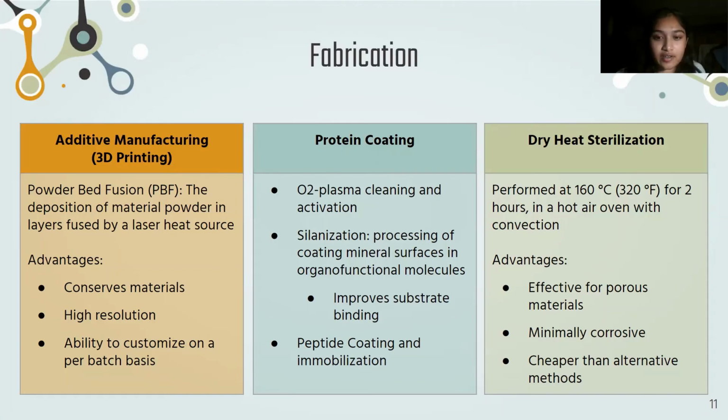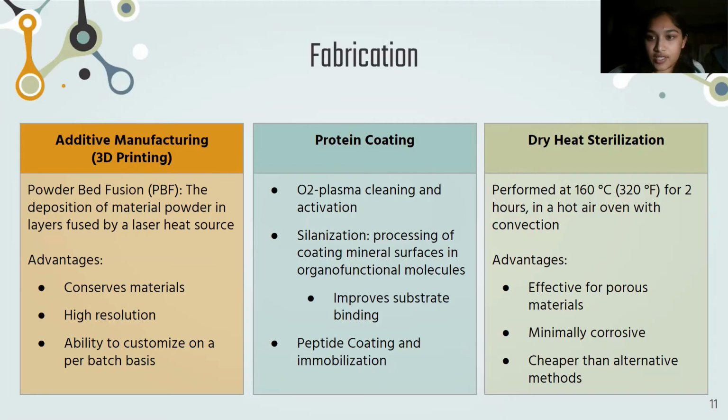This can be done to change the surface qualities of metals in many different ways, but for our purposes, it would help to improve the substrate binding and help the peptide coating immobilize further so that it can withstand the mechanical corrosion.